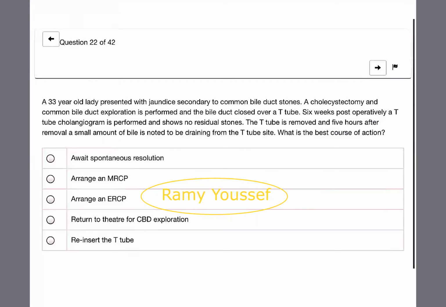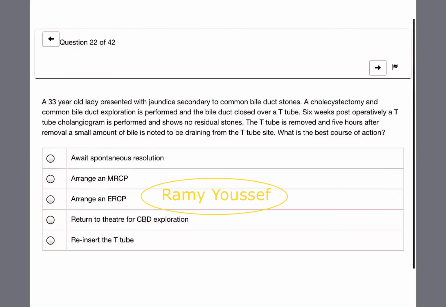A 33-year-old lady presented with jaundice secondary to a common bile duct stone. Cholecystectomy and bile duct exploration is performed, and the bile duct is closed over a T-tube. Six weeks post-operative, a T-tube cholangiogram shows no residual stone. The T-tube is removed and, five hours after removal, a small amount of bile is noted in the drain at the T-tube site.